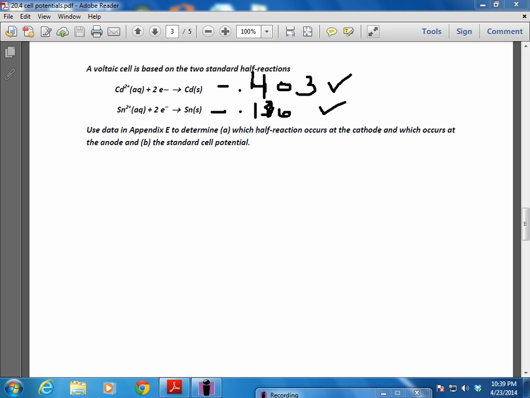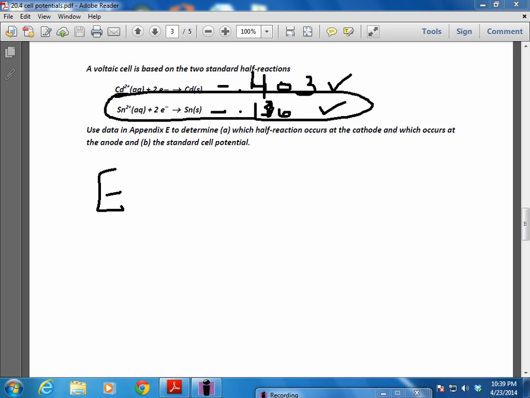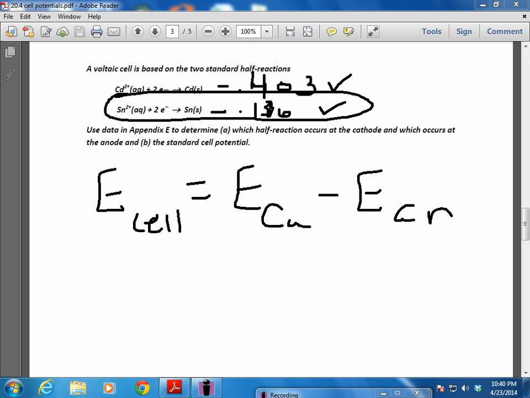volts. Well, both of those are negative, so which one do you pick? Which one's going to be the cathode? Well, remember, the cathode is the one that's the most positive. Out of that group, the tin is the most positive. It's only negative 0.136, so it's going to be the cathode. That means that the cadmium has to be the anode. So remember our reaction, the E of the cell is equal to the E of the cathode minus the E of the anode.